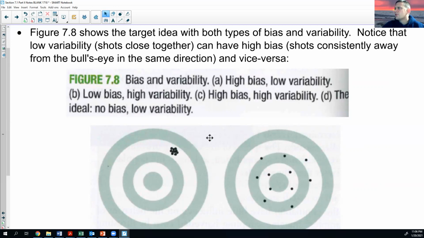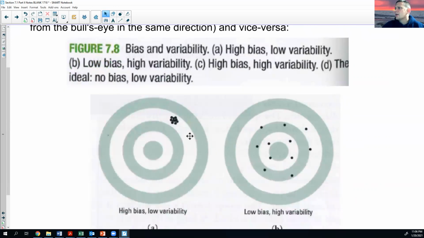So you can see letter A here is high bias. We're not hitting the center. You want to hit the center or be close to the center. That's bias. So that's low bias. I want to have a low bias. I want to be close to the center. So this is high bias, but it's low variability.